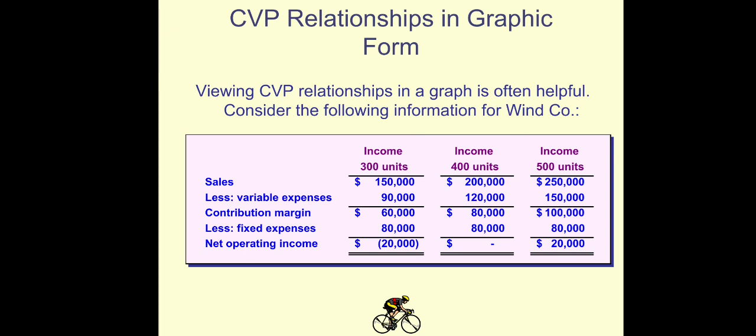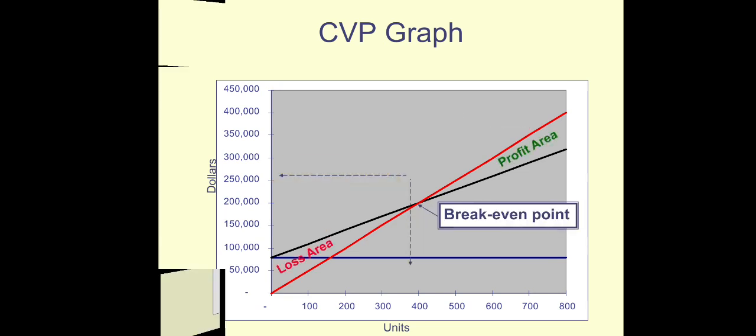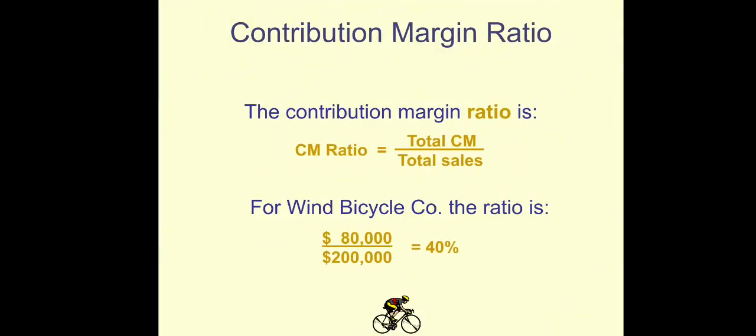So the CM ratio for a business is always the same, no matter at what point of production you use data. This is the first method to calculate contribution margin ratio.